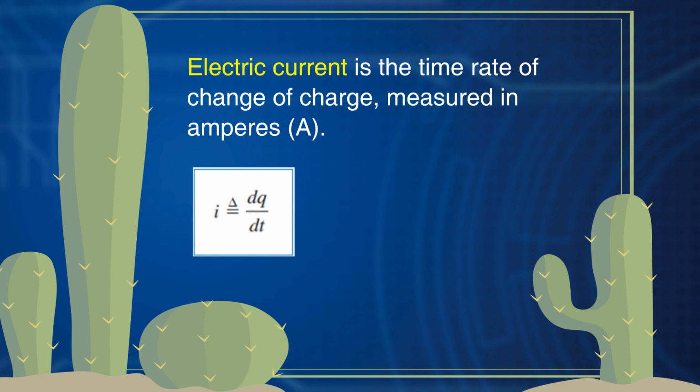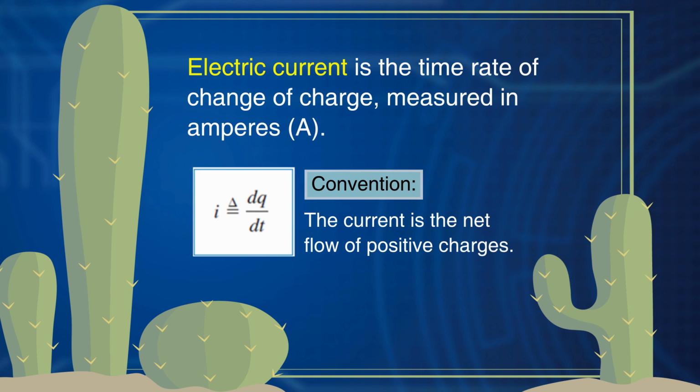For the current, you should know the convention. The current is the net flow of positive charges, and 1 ampere equals 1 coulomb per second.